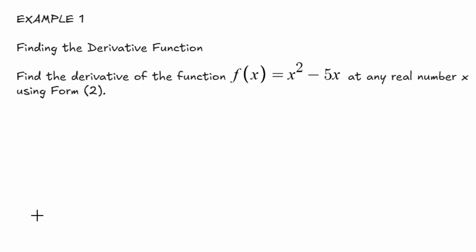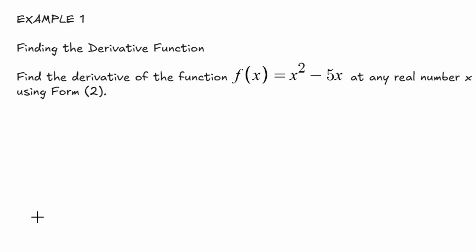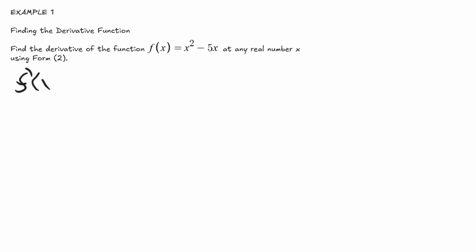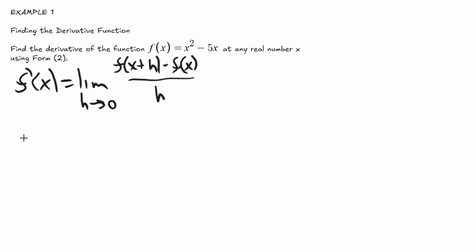Now, here's our first example. We want to find the derivative of the function f of x equals x squared minus 5x at any real number using form 2. So if we write the form down, f prime of x equals, and then we plug those two functions in. For f of x plus h, we would substitute x plus h into f of x anywhere there is an x.